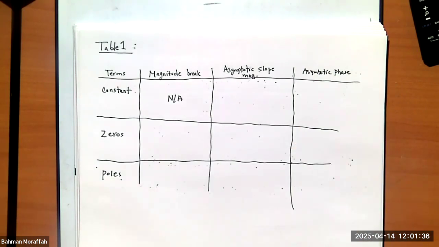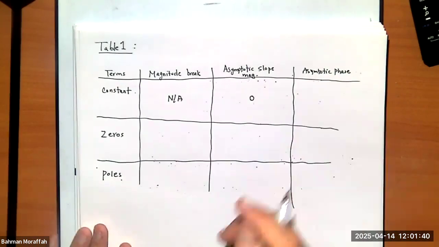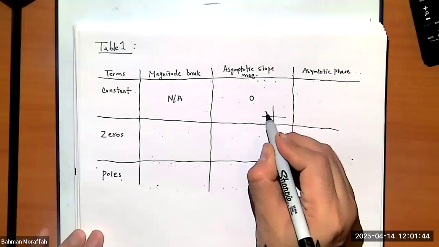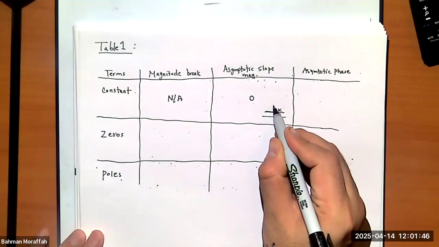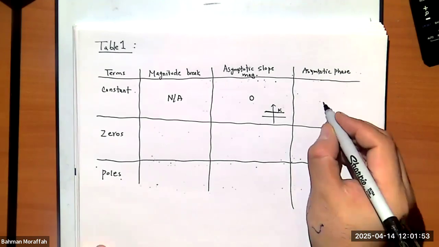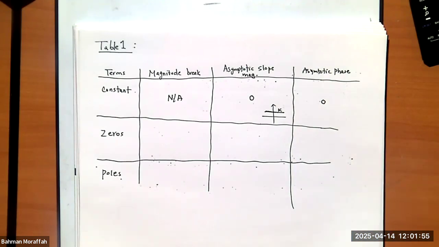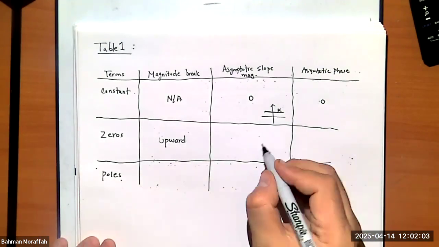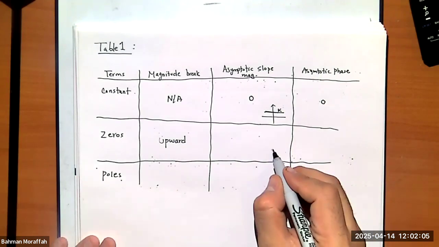If I have a constant, there is no magnitude break. What is the slope? It's 0. It doesn't change. A constant is something like this. This is constant k. What is the phase of a constant? Again, 0. It's a real number, so there is no phase. If I have a zero, I know the slope is upward, so it's always upward. It's something like this.